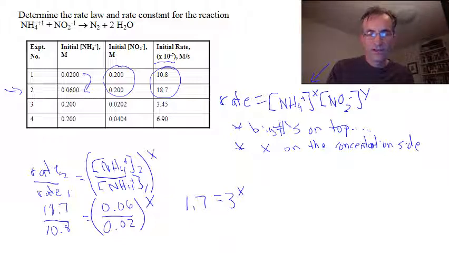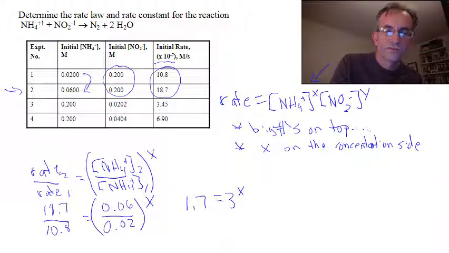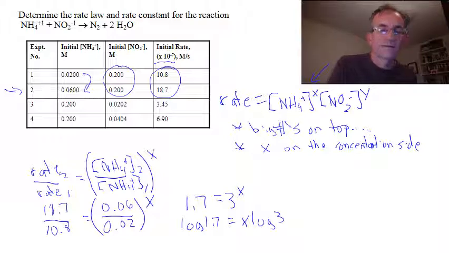So we've got to figure out what x is. Sometimes you can figure it out in your head, but this one's going to be a little tough, so we need to solve for x. I'm going to first take the log of both sides. So you get the log of 1.7 equals, and how did that work again in math class? If you take the log of this, that brings the x up front, and then you get the log of 3.